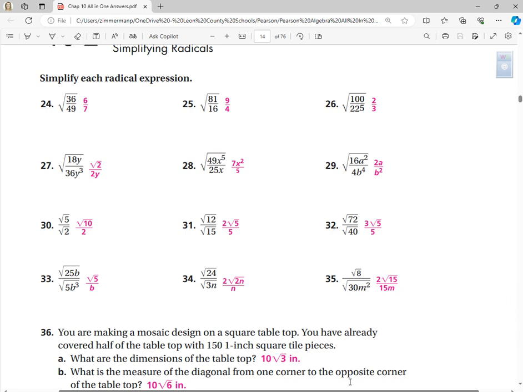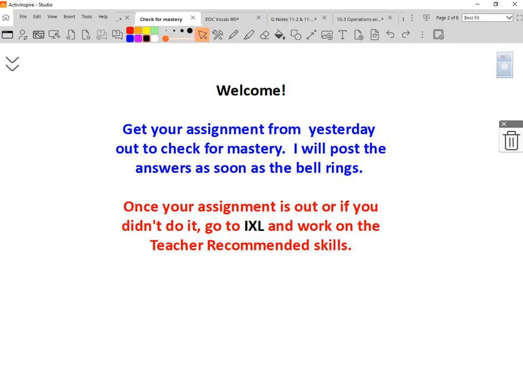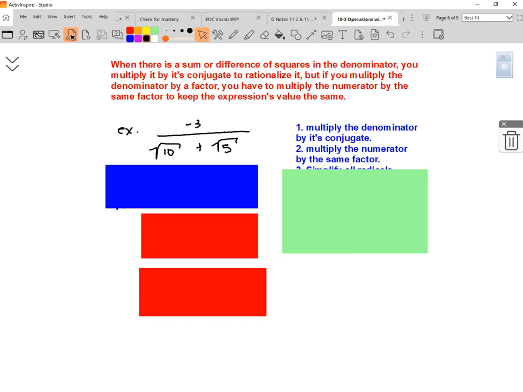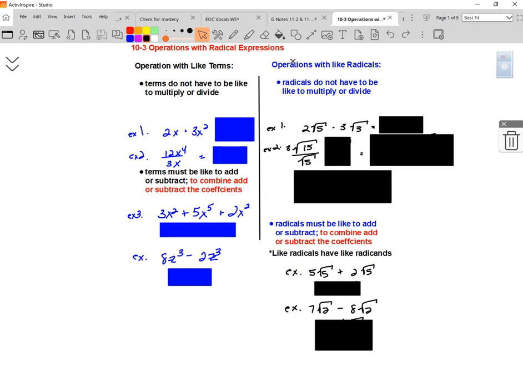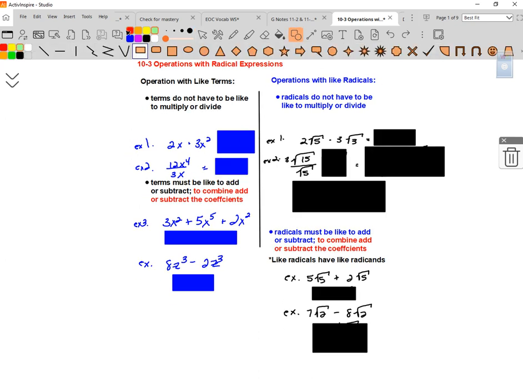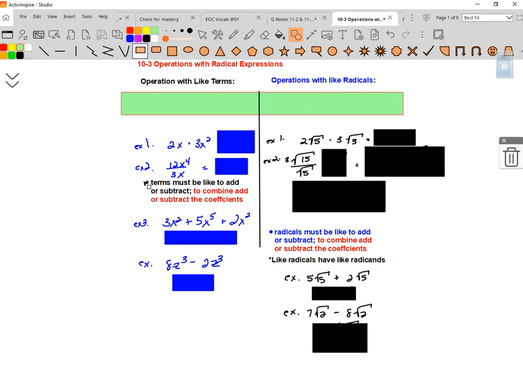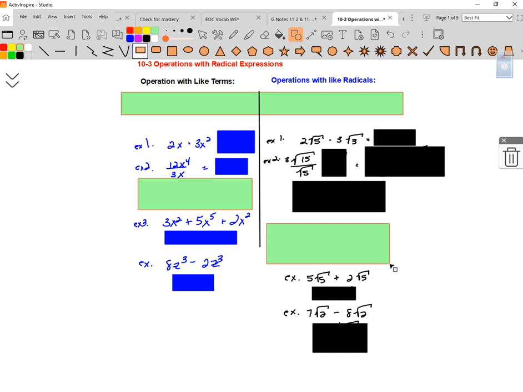Okay, today we are going to be adding and subtracting square roots. It's rational expressions, but the rational expressions specifically that we're going to be working on are square roots, adding and subtracting square roots.